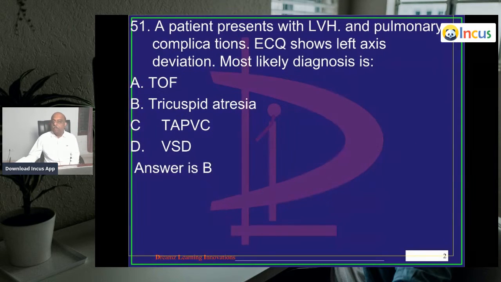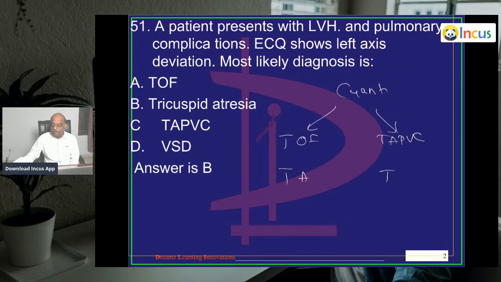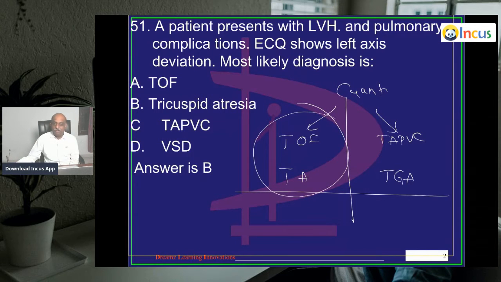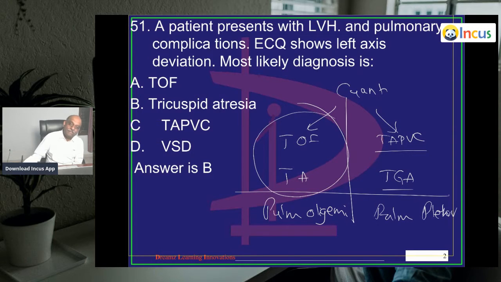So in summary, whenever there is cyanotic heart disease, you should remember 4 T's: TOF and tricuspid atresia, then TAPVC and transposition of the great arteries. Out of these, TOF and tricuspid atresia are associated with pulmonary oligemia, decreased blood flow to the lungs, whereas TAPVC and TGA are associated with pulmonary plethora, is what you need to remember.